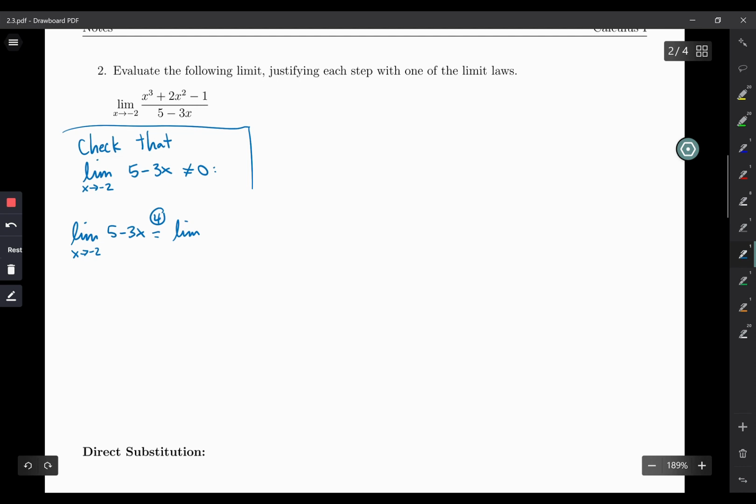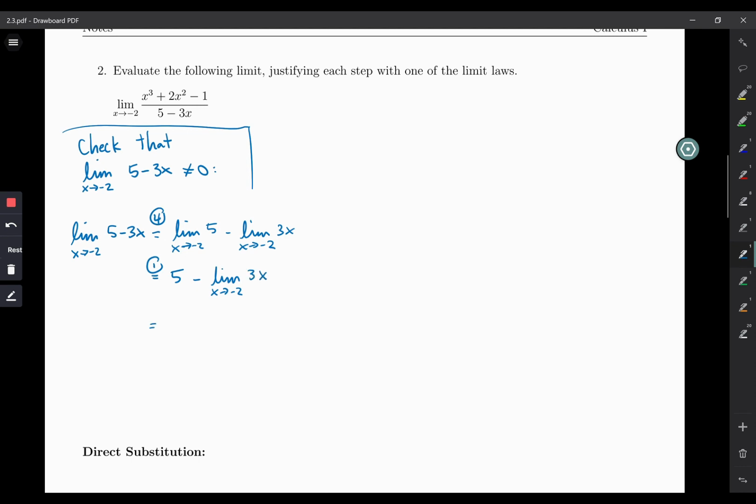That will give us the limit as x goes to minus 2 of 5, minus the limit as x goes to minus 2 of 3x. Now that 5 is a constant, so by the first limit law, that is just equal to 5. And then we copy down the rest.